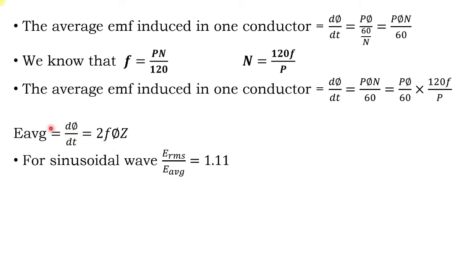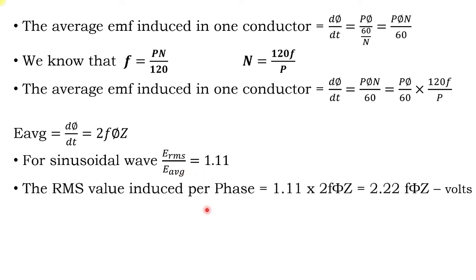Actually, here we calculated the average value, but it is AC. AC is usually represented in RMS value. So we know the relation between RMS and average value, which is 1.11. From the various factors, peak factor and form factor, just for your recall, E RMS divided by E average is equal to 1.11.